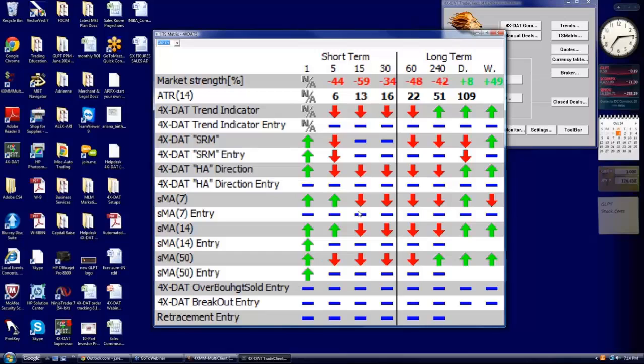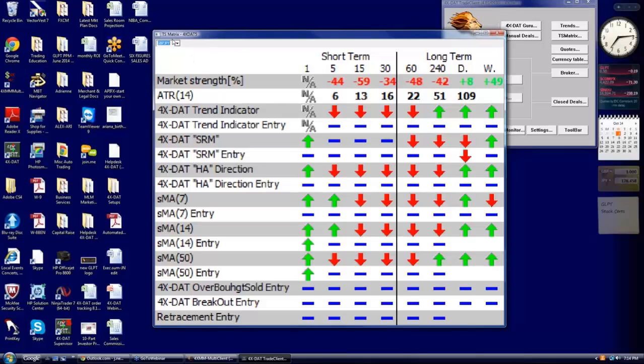So, for example, if we want to look at one of our indicators, the Heikin Ashi direction, we see that on the 1 minute the market wants to go up, but quite frankly we don't really pay attention to the 1 minute time frame. The 5 minute, 15, 30, 60, 240 are all down, red arrows, and then daily, weekly are up.